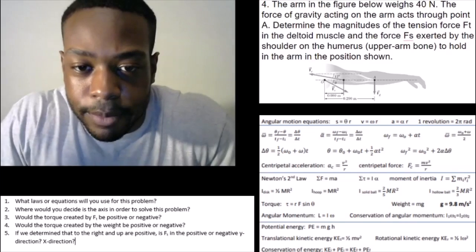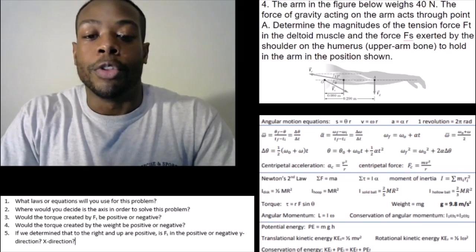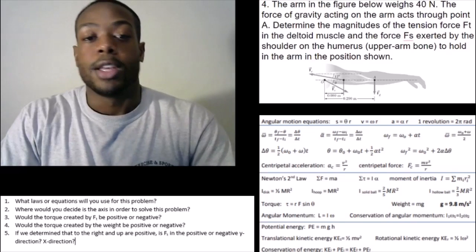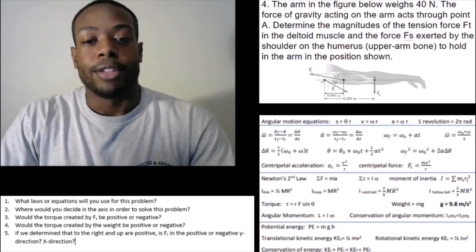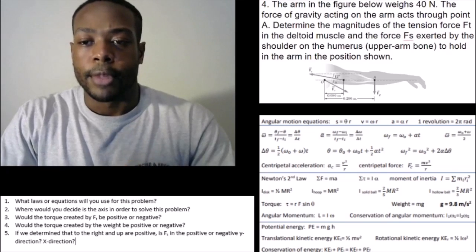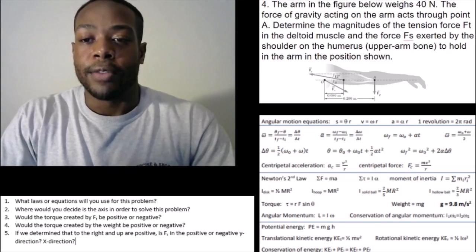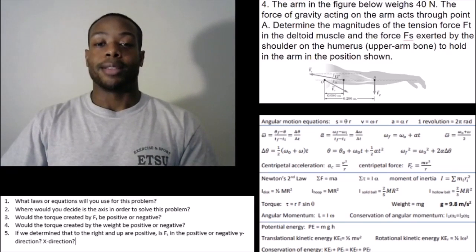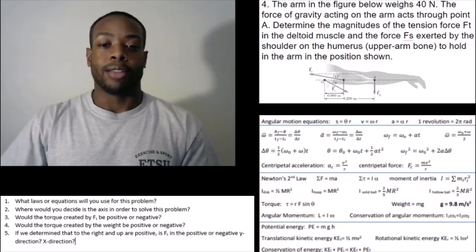Got that. So we want to know whether the torque created by the force T would be positive or negative. And this points back to what we did with other questions, I think maybe 3. It depends on the hinge, and how it makes the arm react with the hinge.